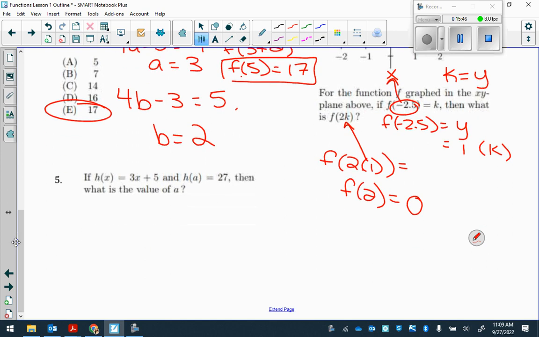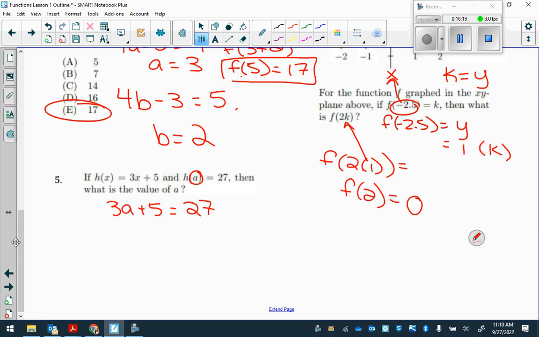Now we have H of X equals 3X plus 5, and H of A equals 27. Then what is the value of A? 7 1/3, how'd you set it up? I'm just going to change it because it's H of A. So 3A plus 5 equals 27.